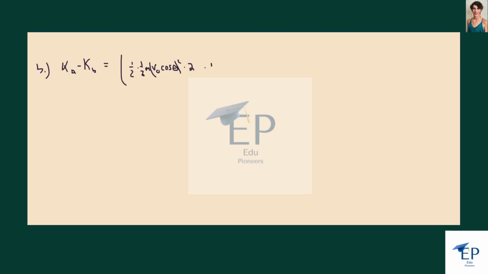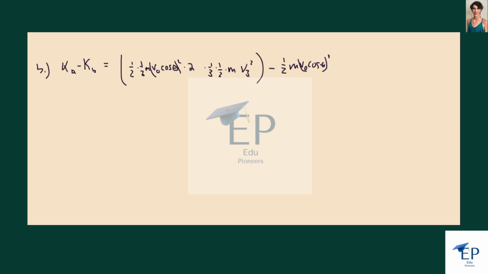Now we add the third one, which is 1/3 times 1/2 m v3 squared. This is our K after, and we subtract off K before, which is just 1/2 m (v naught cos theta) squared.